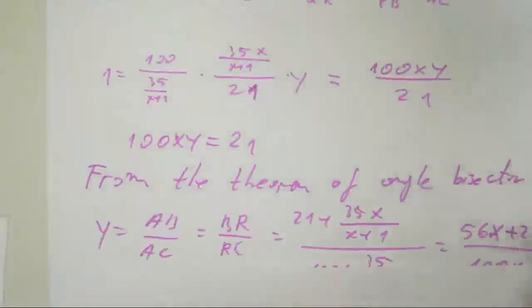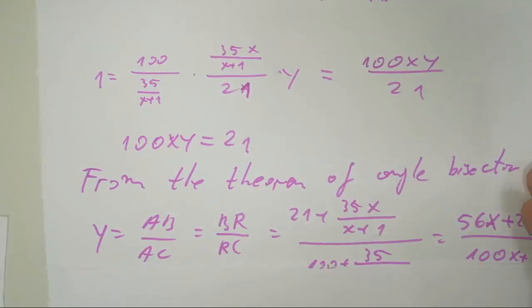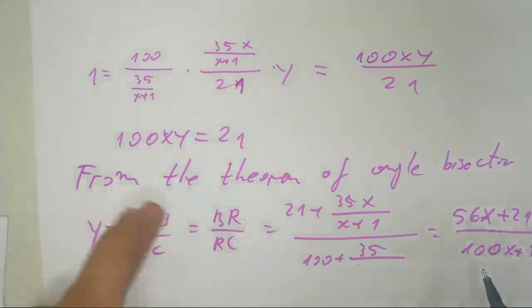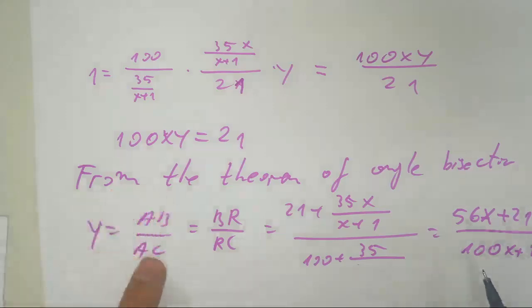Now, from the angle bisector theorem, which we mentioned at the beginning, AB over AC will be BR over RC.